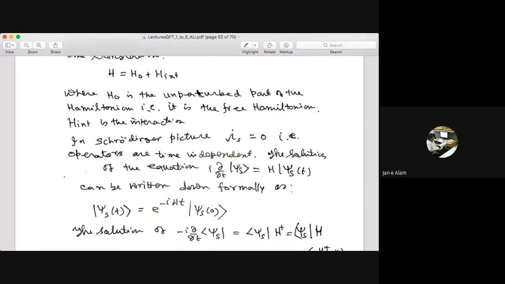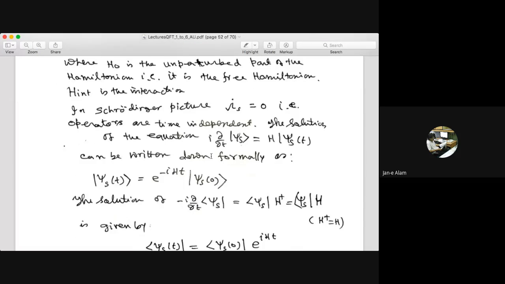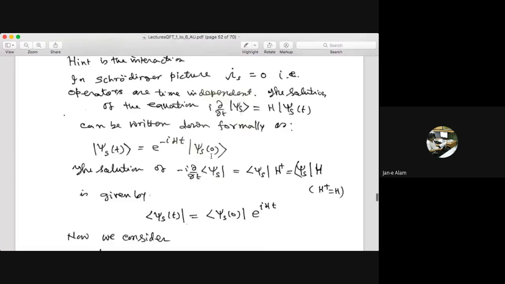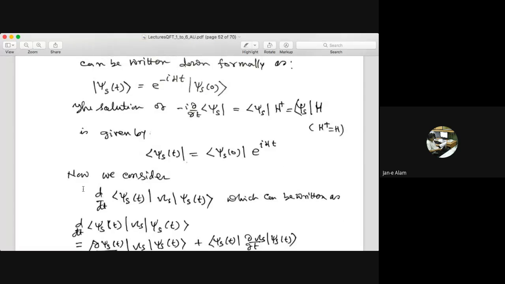This part I assume that you have learned in your MSc, but still I am repeating this. In the Schrodinger picture, we tried to calculate the expectation value of omega s, which is an operator in the Schrodinger picture, between two Schrodinger states, and took the time derivative of that.